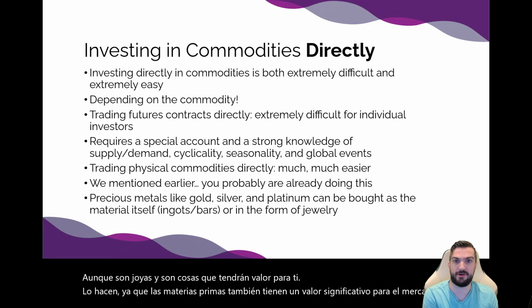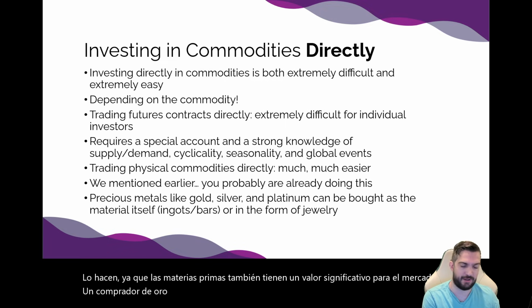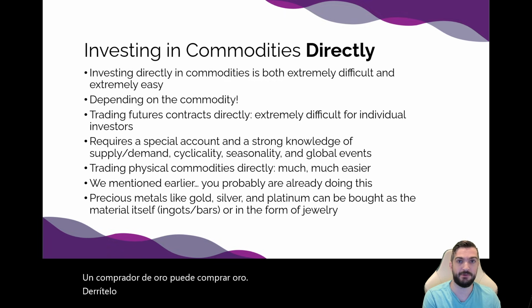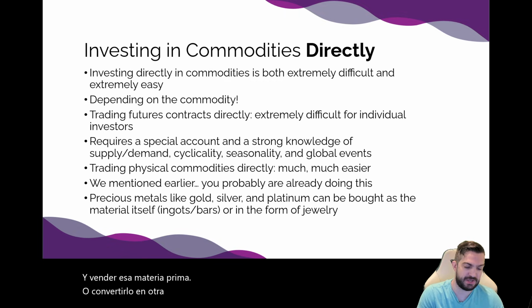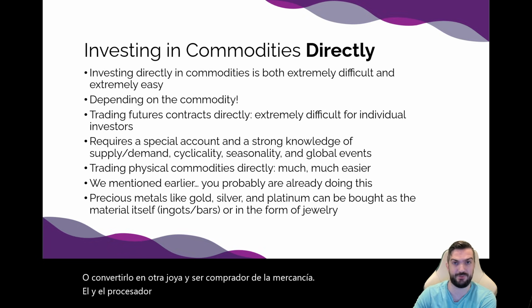A gold buyer can buy gold, melt it back down into raw material, and either sell that raw material or turn it into a different piece of jewelry and be both the buyer of the commodity and the processor of it, and then selling the final good as well.